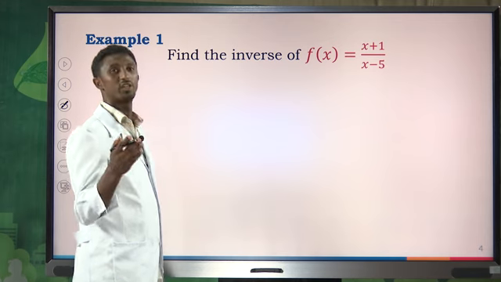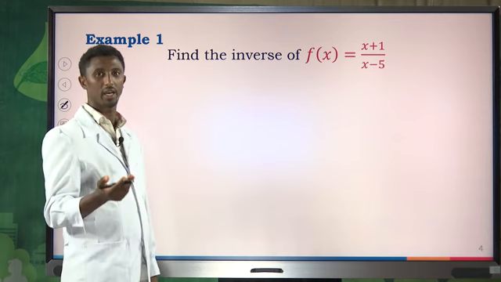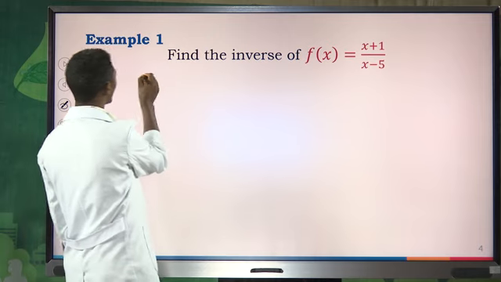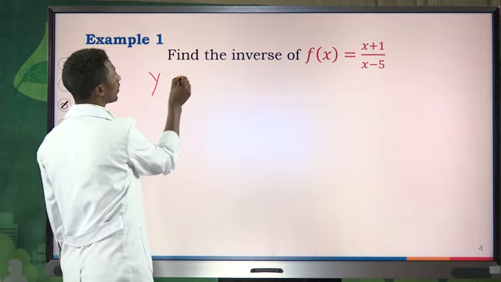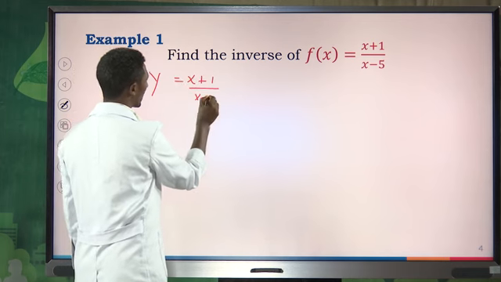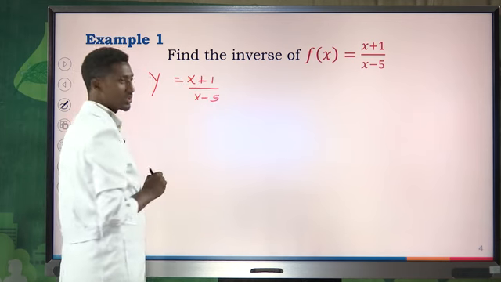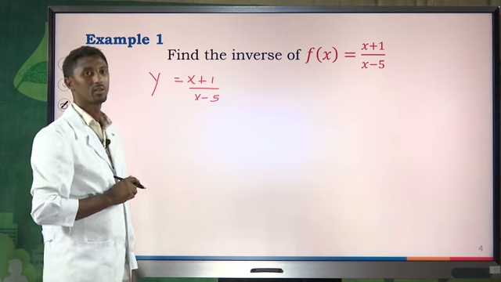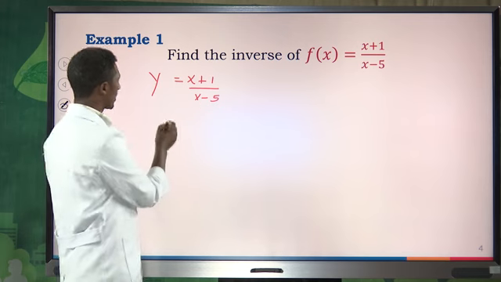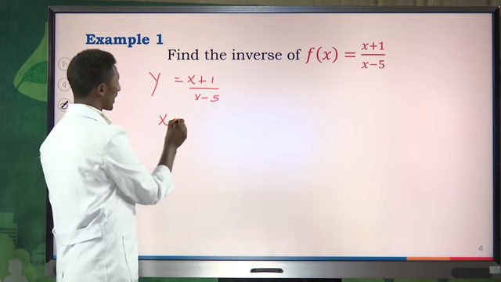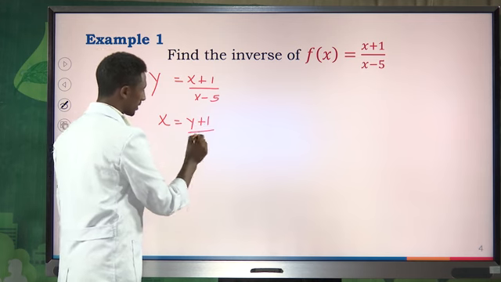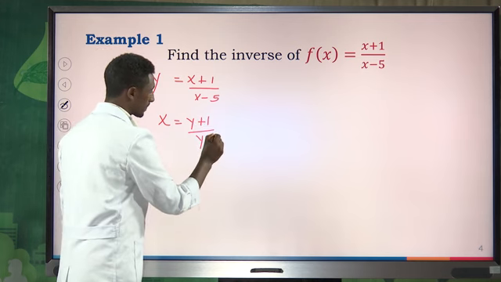When the function is written like this, in place of f of x, we can write y equals x plus 1 over x minus 5. So this is the given function. To find the inverse, interchange x and y. So we can rewrite x equals y plus 1 over y minus 5.